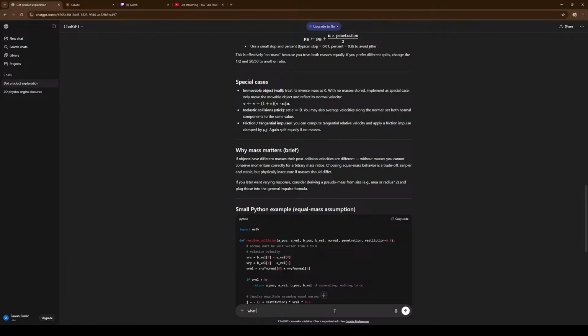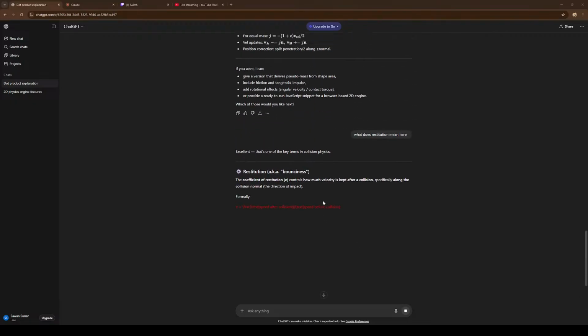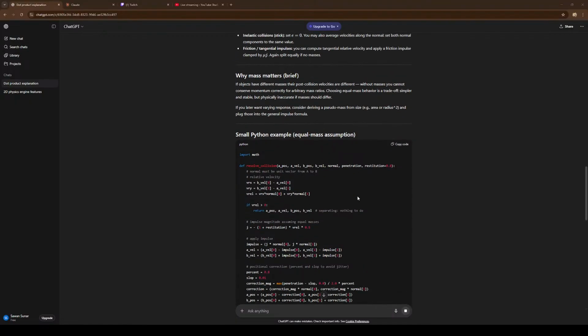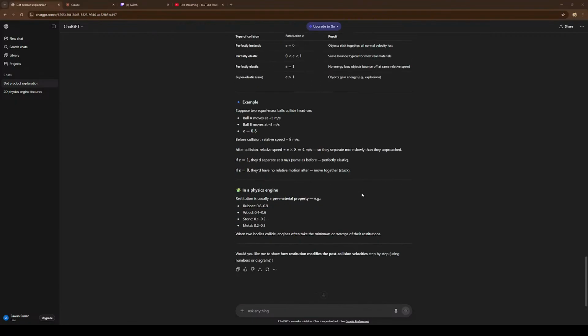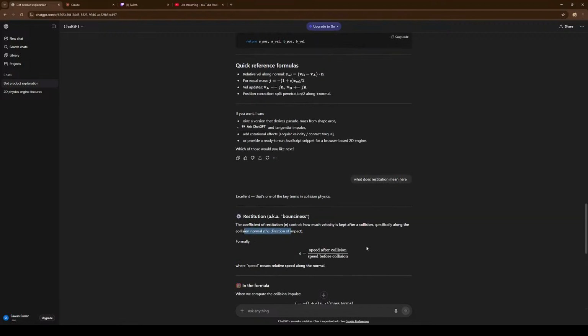Okay, let's just... restitution. Well, how much velocity is kept after a collision, specifically along the normal.